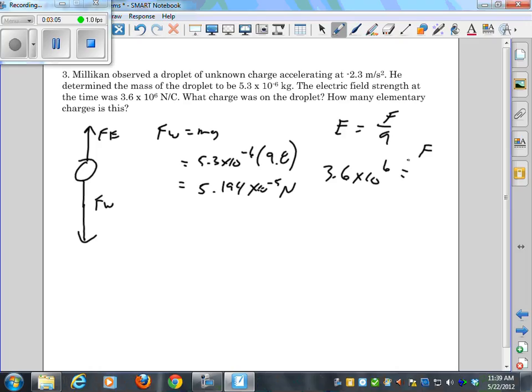Solve for force. Oh, hold on. I'm trying to solve for Q, aren't I? Oh, I don't have the force, do I? I got two unknowns here.